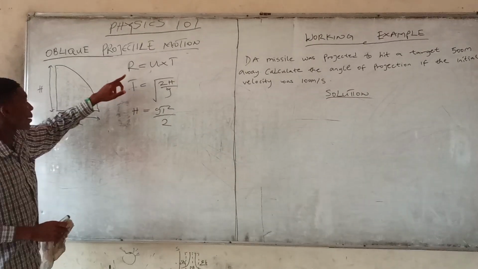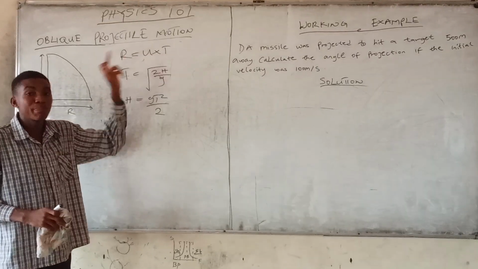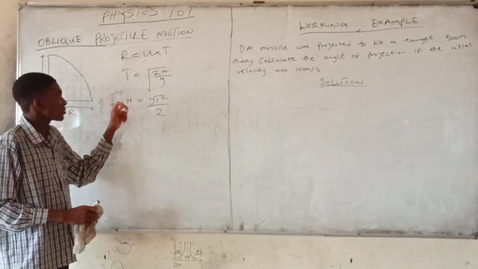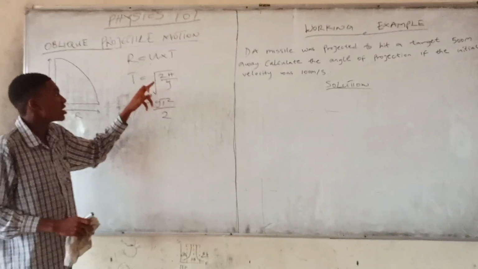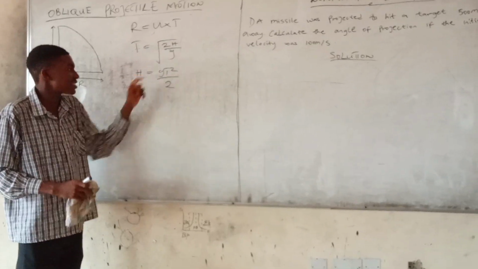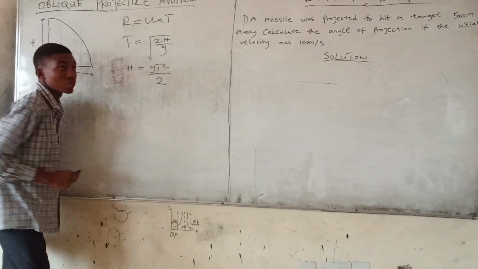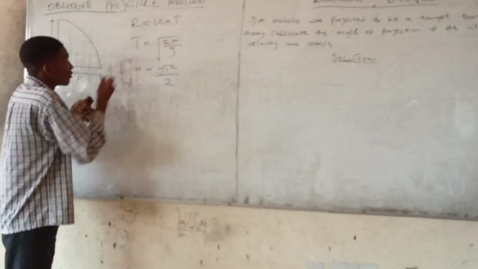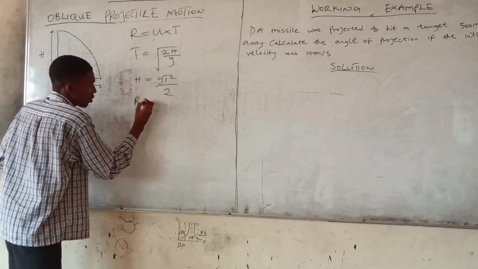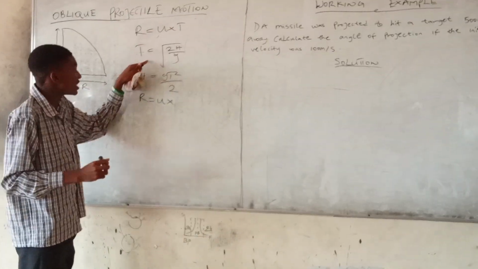For oblique, the formula for range is initial velocity times period. T stands for period. The formula for period is the square root of 2 times your height over the gravity, while the formula for height is gt squared over 2. Using your common sense, you can also say that range equals initial velocity times, instead of this t, we know that this t is this.